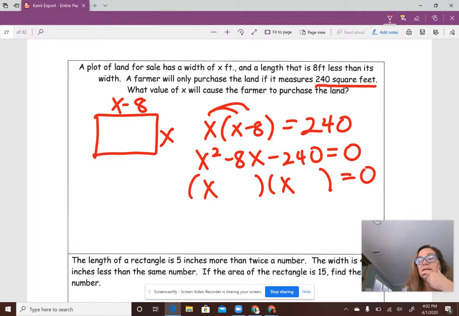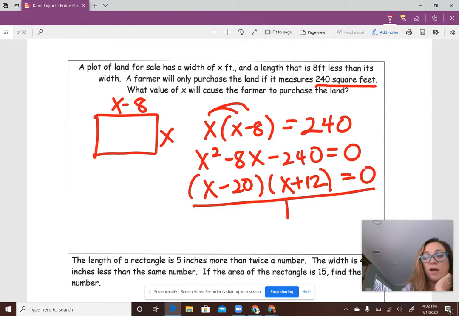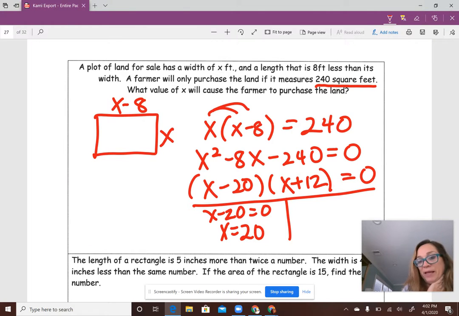Let me think. 20 and 12? 20 and 12. So minus 20 plus 12. Okay. Therefore, x minus 20 equals 0, x equals 20. That's a legitimate possibility because it's positive.